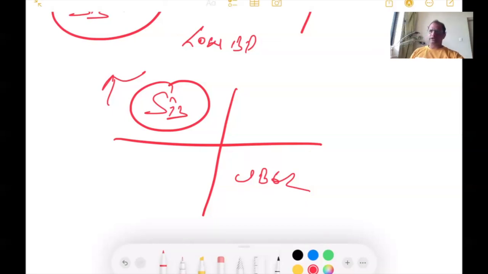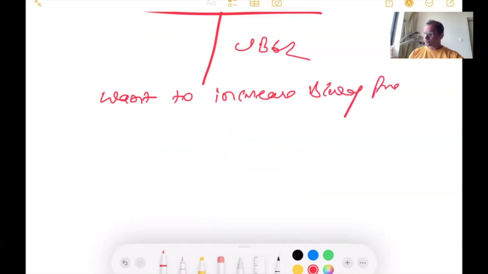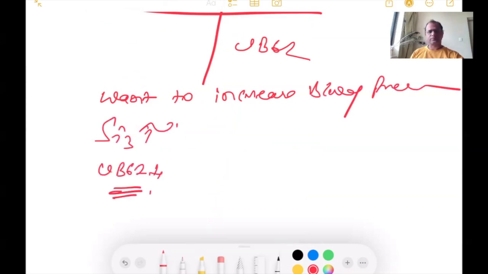Shortly we will discuss this. If you want to increase blood pressure, then tonify SI3 and sedate UB62. SI3 tonification will tonify the governing vessel and will improve the blood pressure.